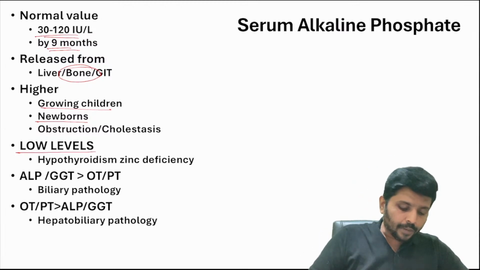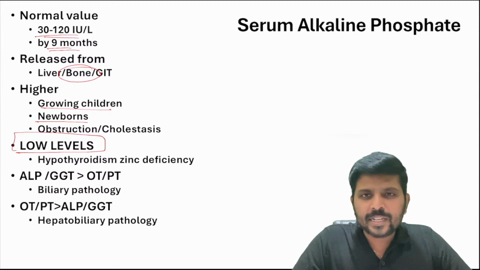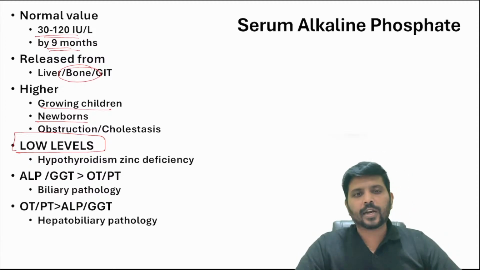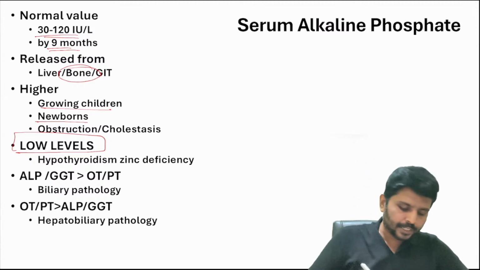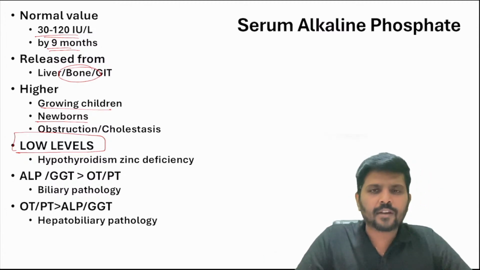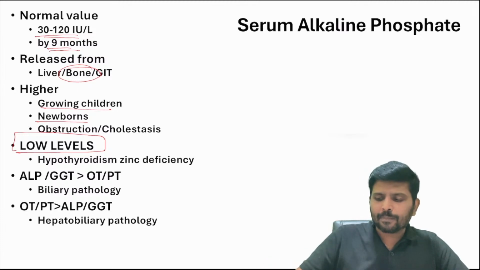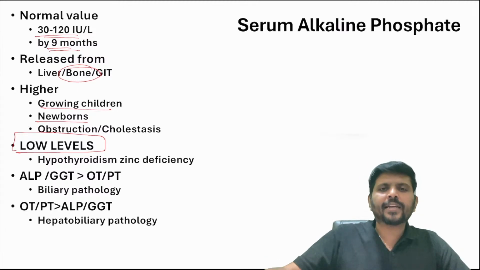Remember, an unusually low alkaline phosphatase can be seen in zinc deficiency and hypothyroidism. An important MCQ. So look at this. Whenever you have deranged LFT, kindly see whether alkaline phosphatase and GGT are increased and your OT and PT are increased.